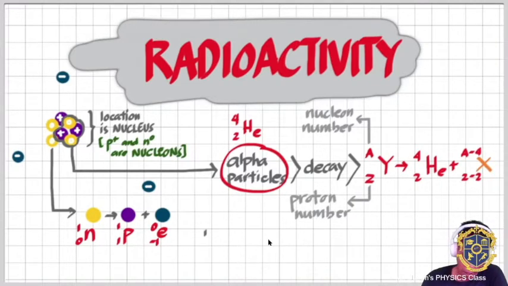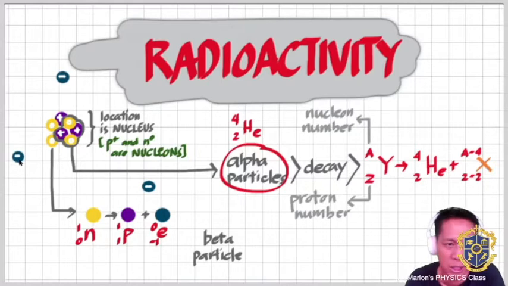So what we have here is a so-called beta particle, which is represented by the electron around here. By the way, the characteristics are pretty much the same as the electrons I discussed a while ago.